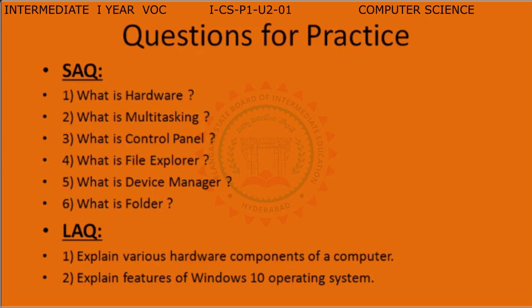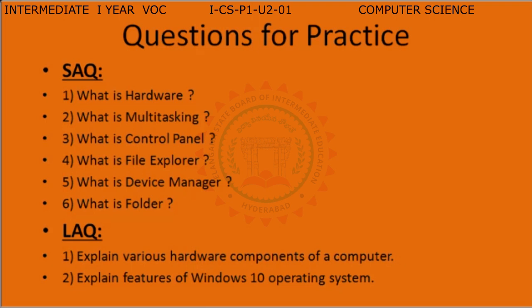And here's part 1 of unit 2, and there are some questions for better practice. Short answer questions. What is hardware? Next, what is multitasking? What is control panel? What is file explorer?